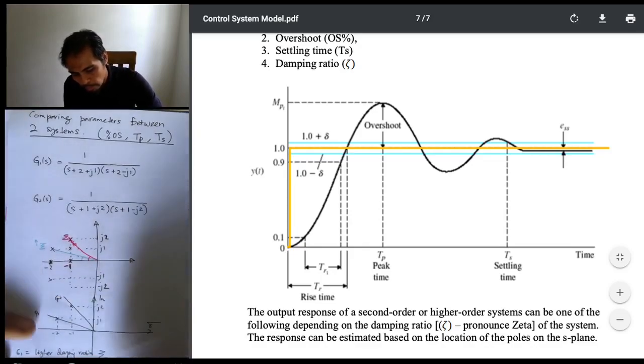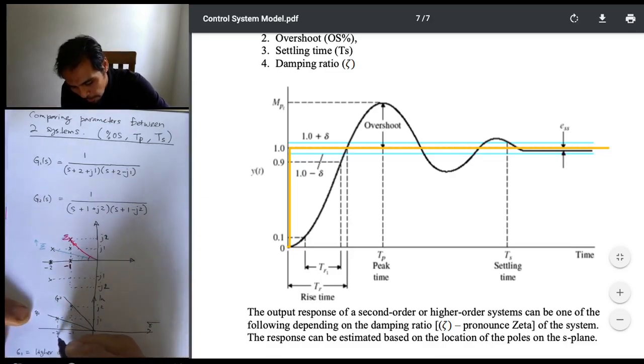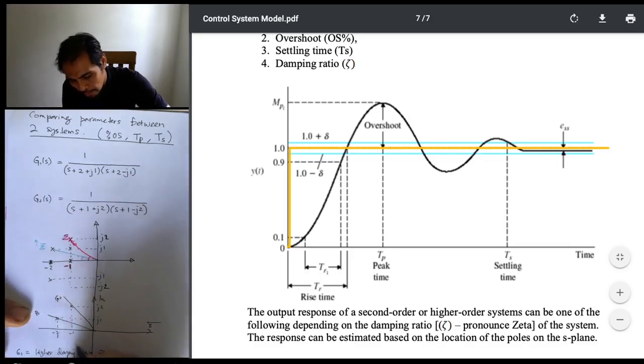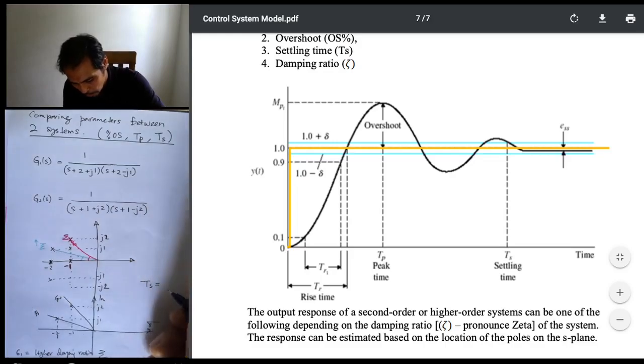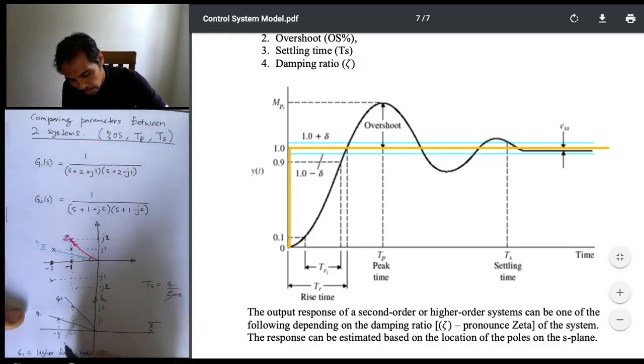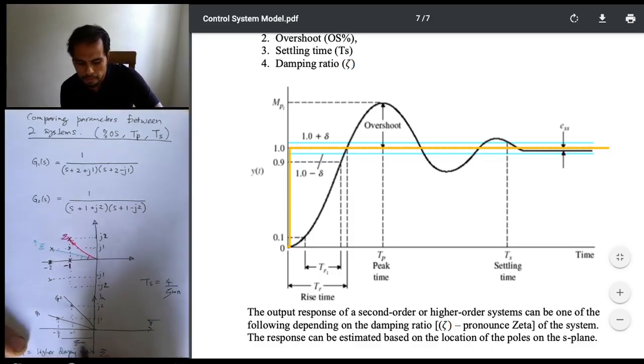Then G1 has a greater Ts, because settling time Ts is equal to 4 over zeta omega n. So here, this is zeta omega n. This one is higher than this, so that means G1 has longer Ts compared to this.